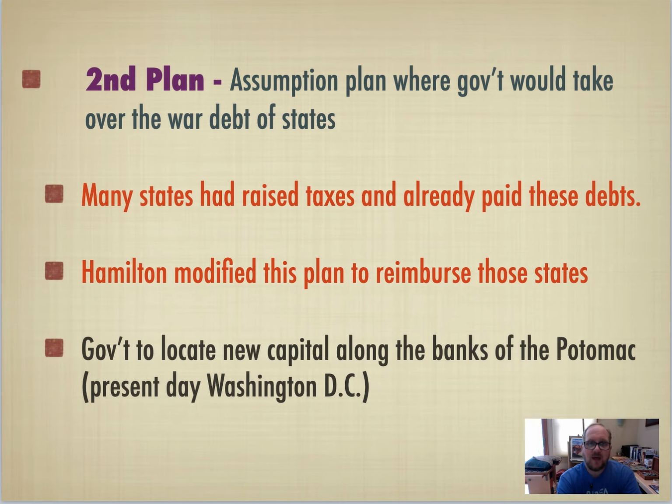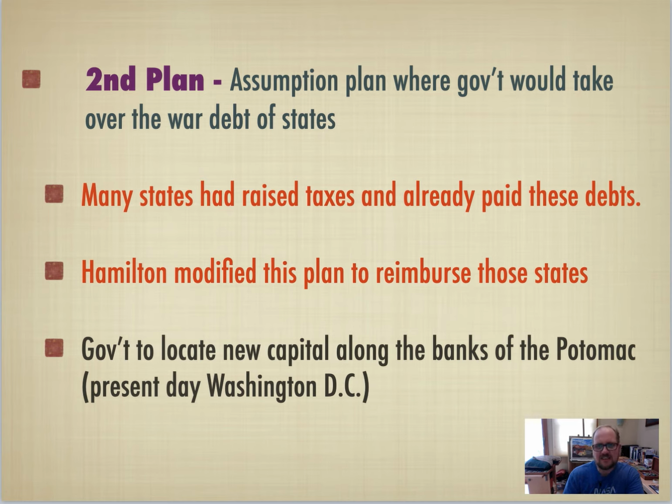The second part of the plan is that the government's going to assume all the war debt of the states, regardless of how much it is. The problem with this, of course, is that some of the states had already paid back their debts. And so Hamilton modified his plan to reimburse those states also. To get these plans passed, along with a new Bank of the United States, the government had to make concessions.